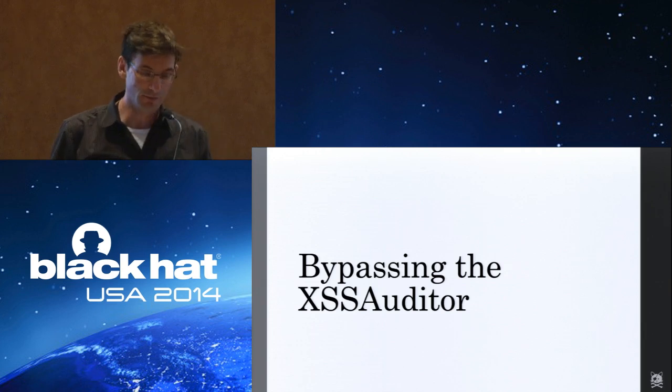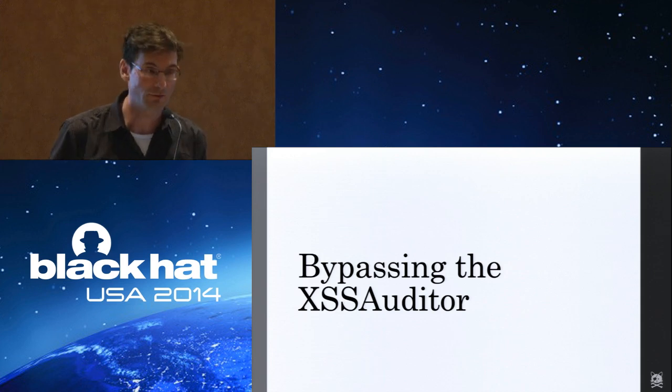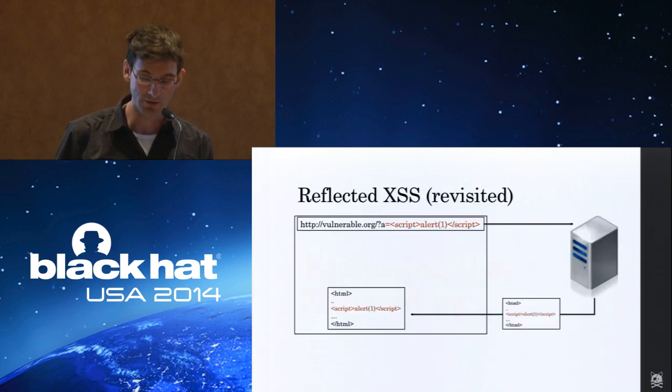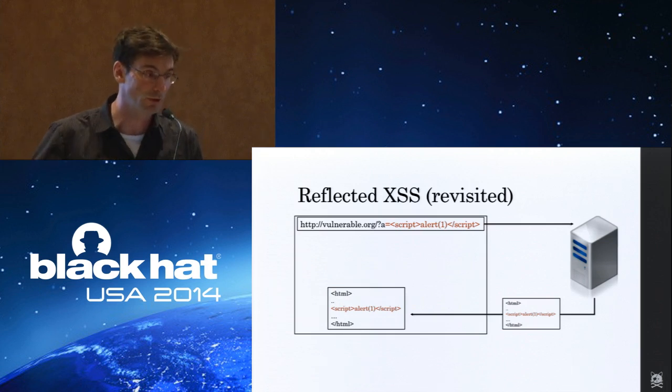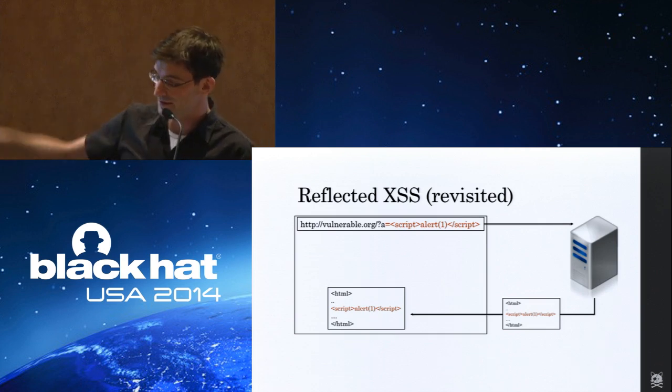But let's first take a step back and look at how client-side cross-site scripting filtering works in general, because all three client-side cross-site scripting filters that currently exist more or less share the same functionality. They all combat reflected cross-site scripting. Therefore, I come back to the slide that you already saw, where we showed what reflected cross-site scripting is. And if you look closely, I think you can already see this.